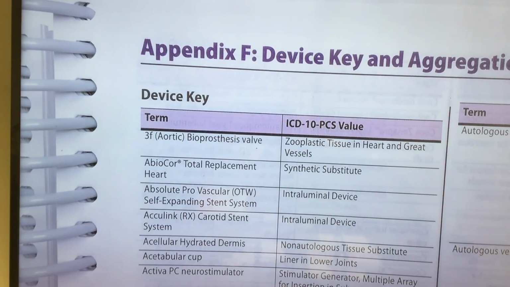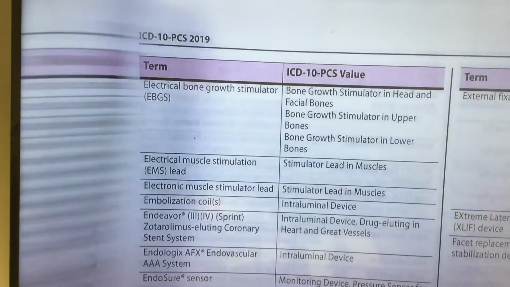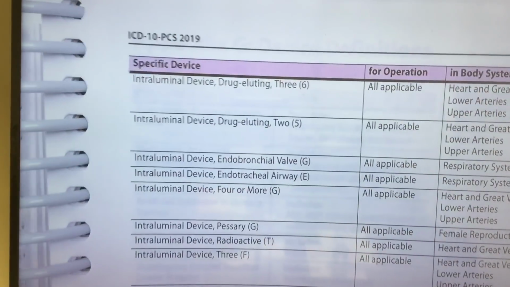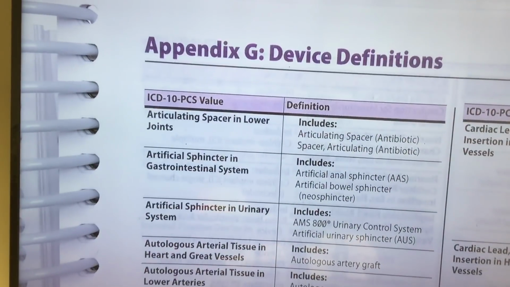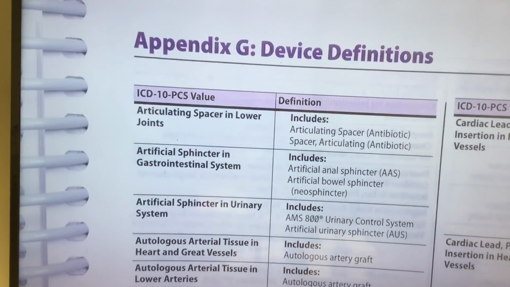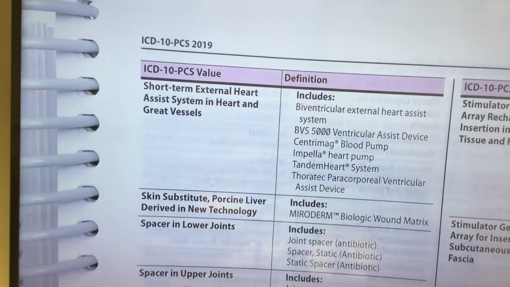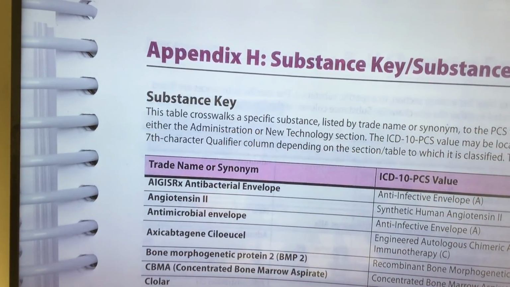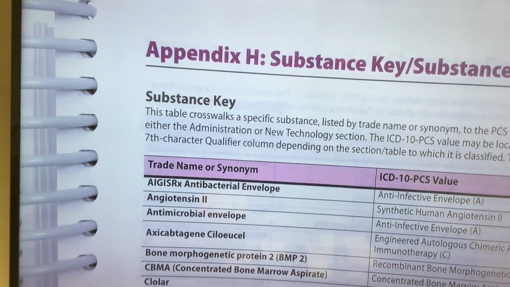You may have to Google the device to learn more about it. Okay? After that, we're going to have Appendix G, which gives you your device definitions. After that, Appendix H, substance key and substance devices. And you probably are wondering, well, what's a substance? Well, think about substances that are infused into patients.